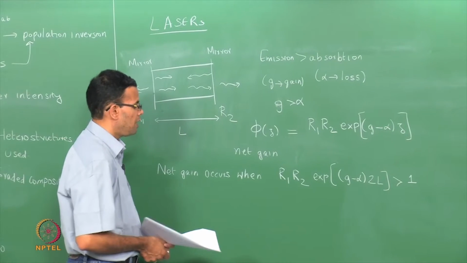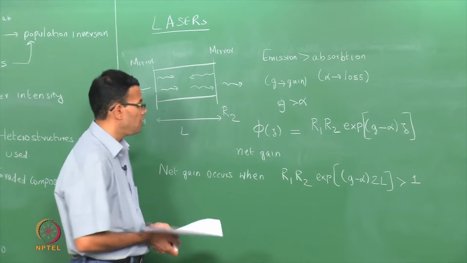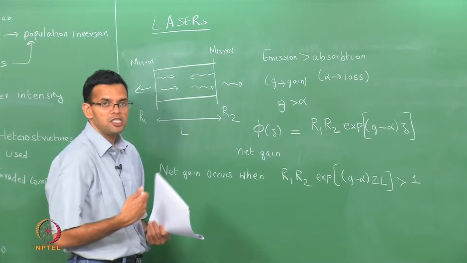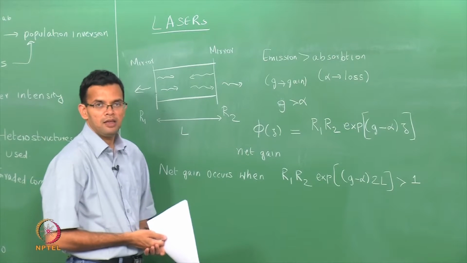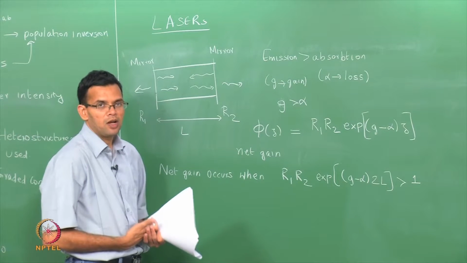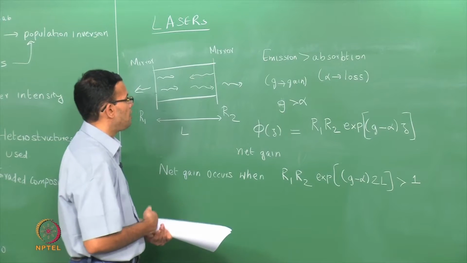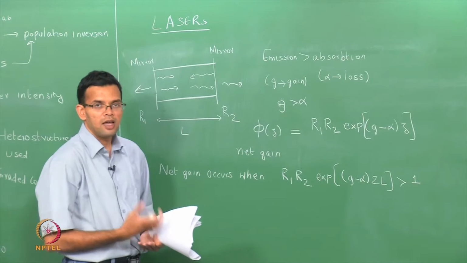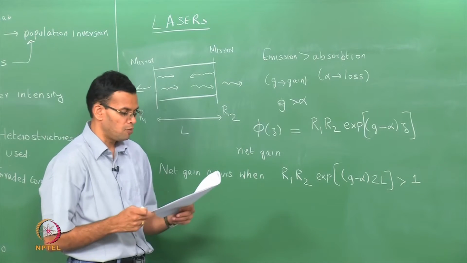Usually we like to define something called a threshold gain, which tells you how much current you need to supply in order for lasing action to occur. Once again, you must supply enough current so that the emission is more than the absorption.